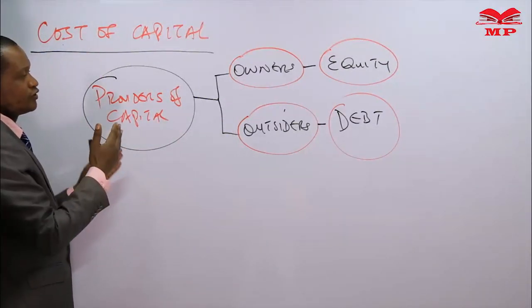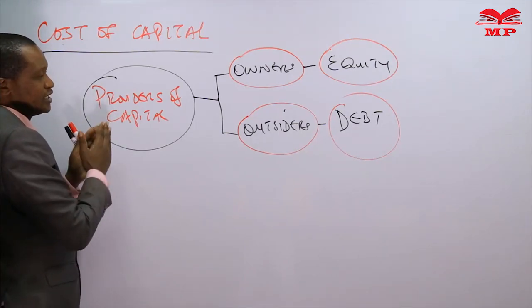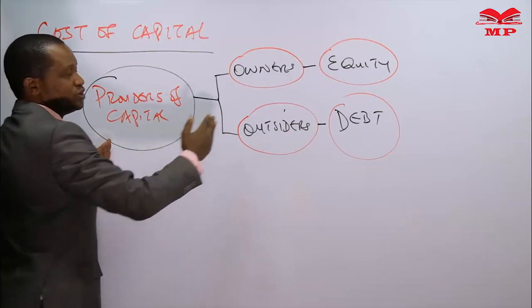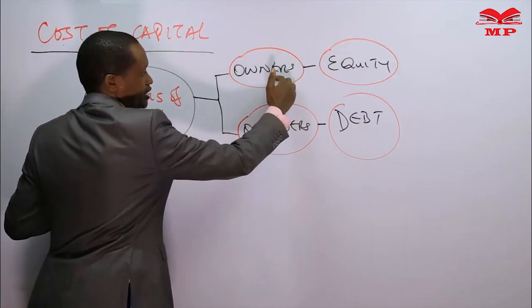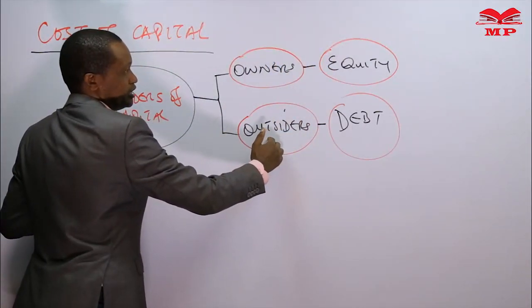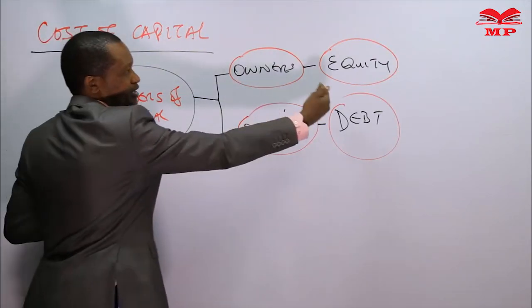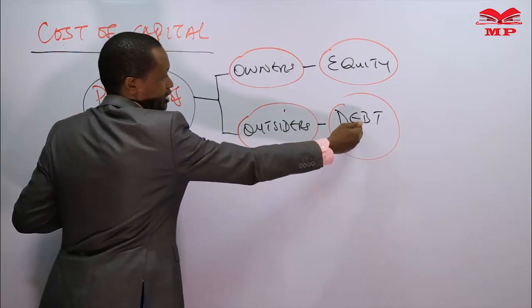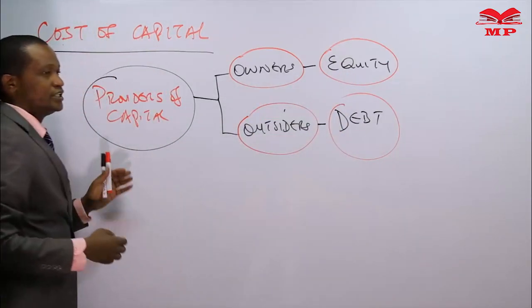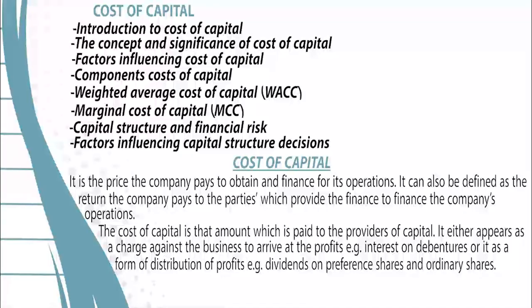From the perspective of the company, the money that is paid to the owners or outsiders is a cost. But the same money that the debt holders and equity holders receive is a return. So that's why we have defined cost of capital as the amount which is paid to the providers of capital.